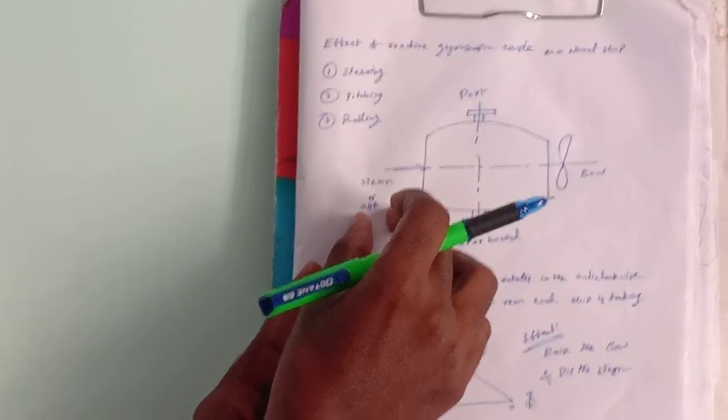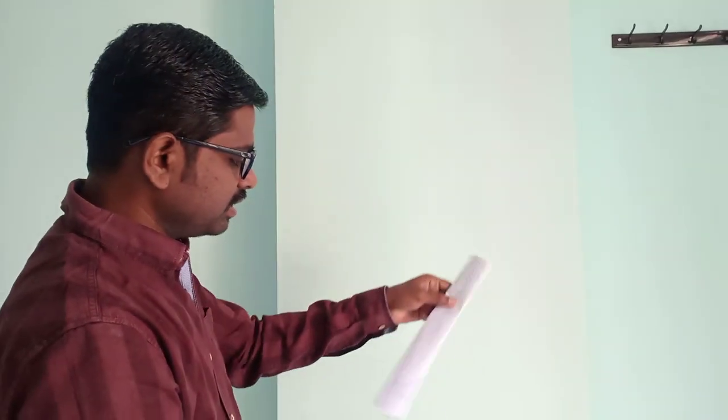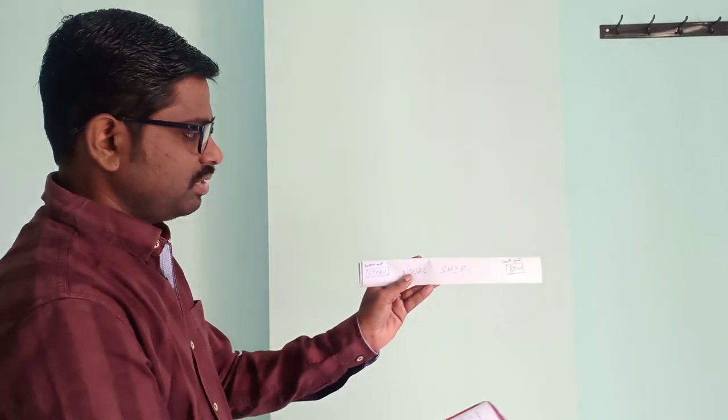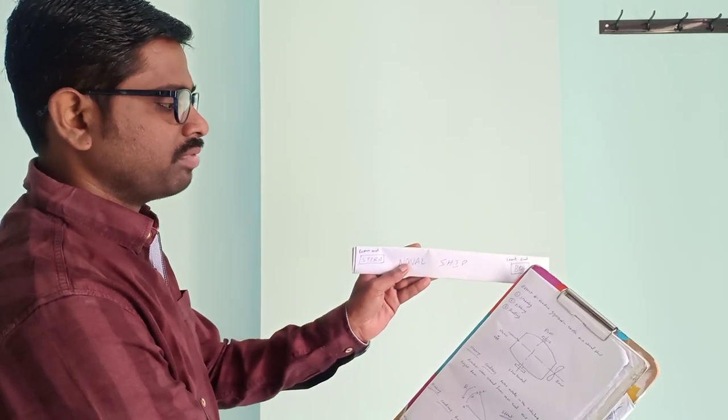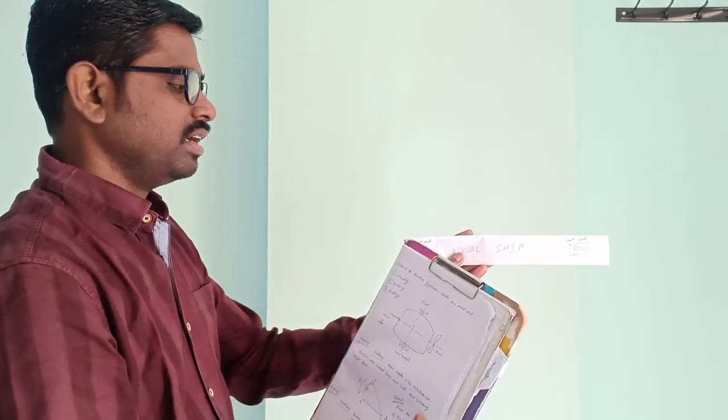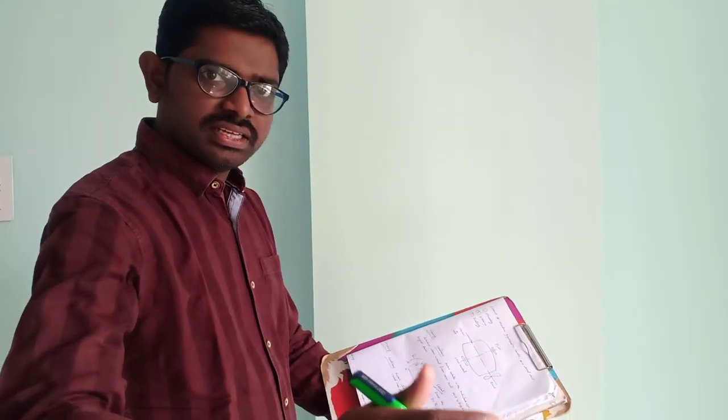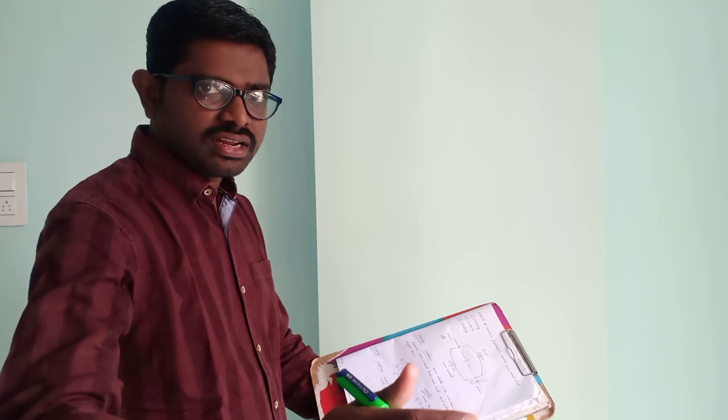And if I am taking this as a naval ship, this is the bow, the front end, this is the stern, and if I stand like this, from here, my left hand side is called port, and the right hand side is called starboard.